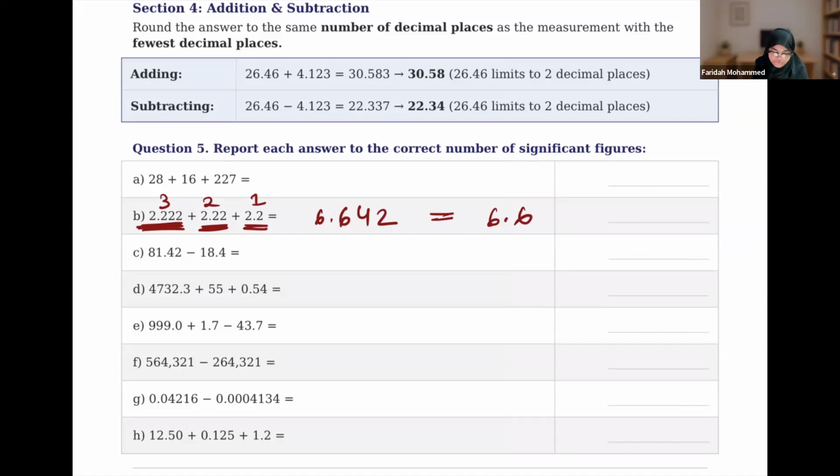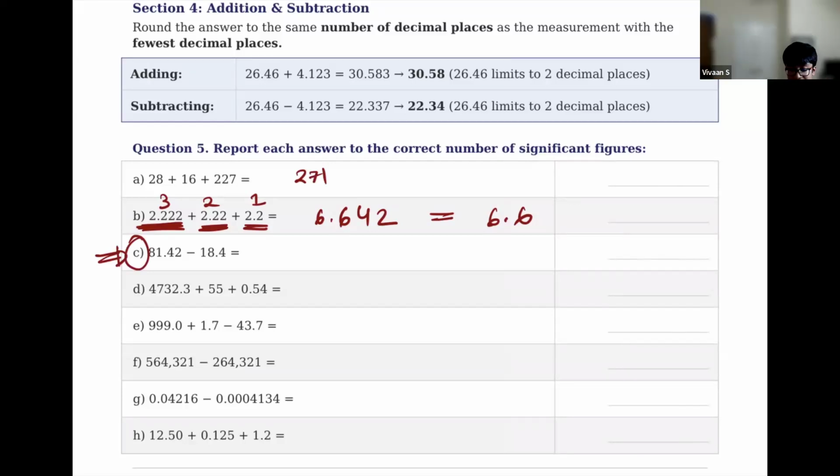Now for C, Vivan, how would you do it? You just have to explain it.